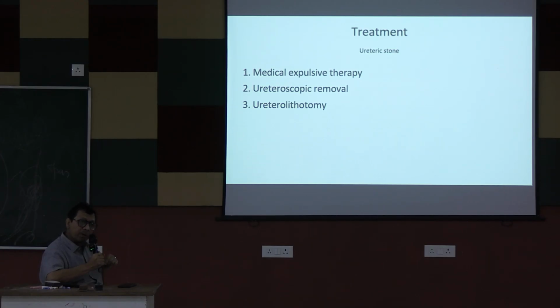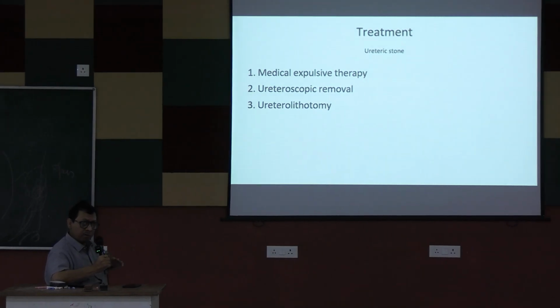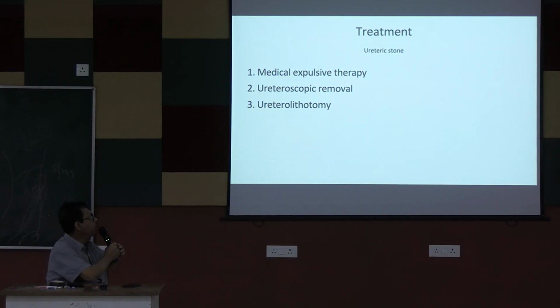If you want to treat a patient of renal ureteric stone in pregnancy, you can treat only in the second trimester, not in the first, not in the third. Third is due to the anatomical tortuosity of the system. First is there is chance of expulsion of the fetus. So second trimester is the time where you can intervene, otherwise you will have to manage the patient conservatively.